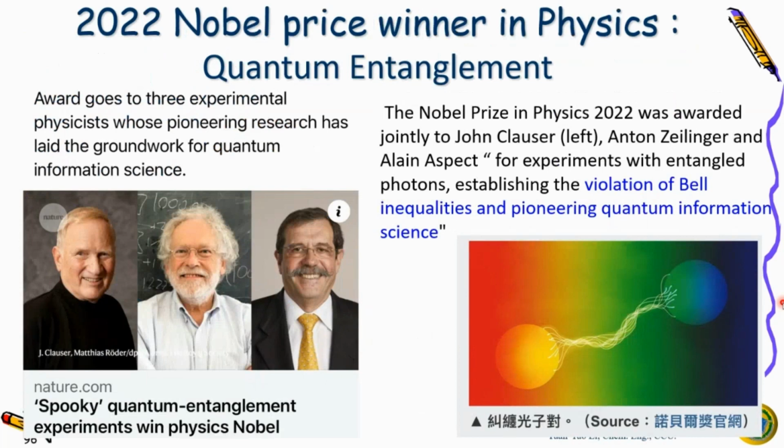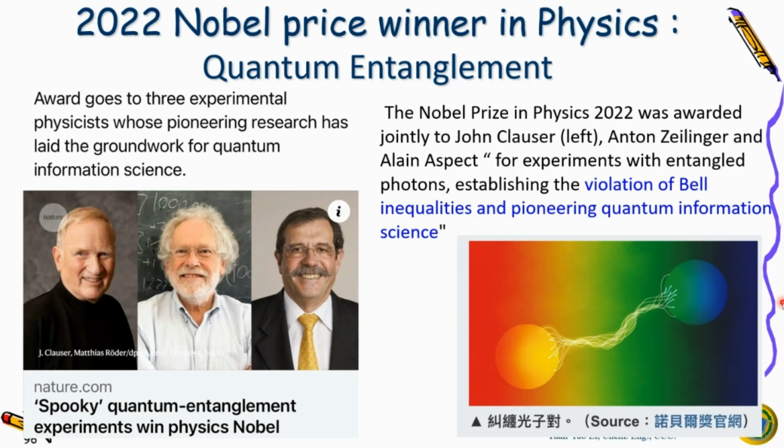Right, so quantum mechanics is very, very important. And one year ago, the Nobel Prize went to quantum entanglement. Quantum entanglement is very hard for you to imagine. How come this kind of phenomenon? But this is too far for us to understand. Okay, I don't have time to explain it to you. If you are interested, I just want to tell you that quantum mechanics is very important now.